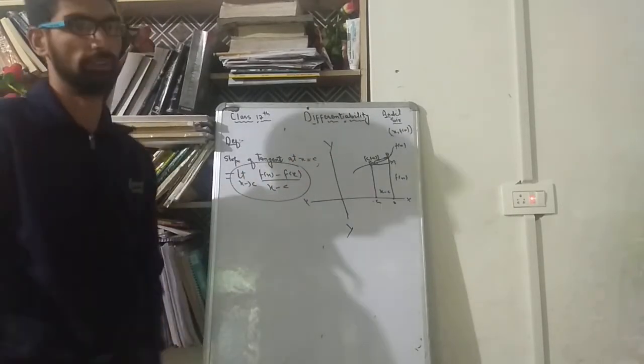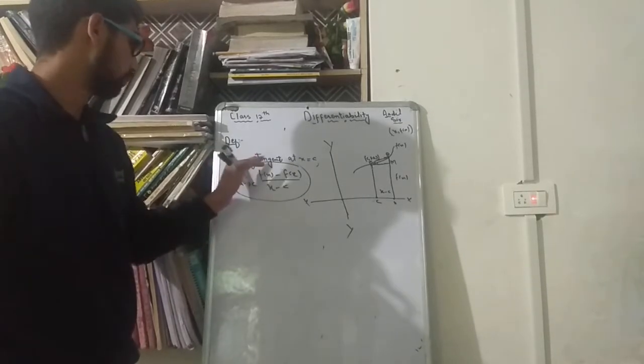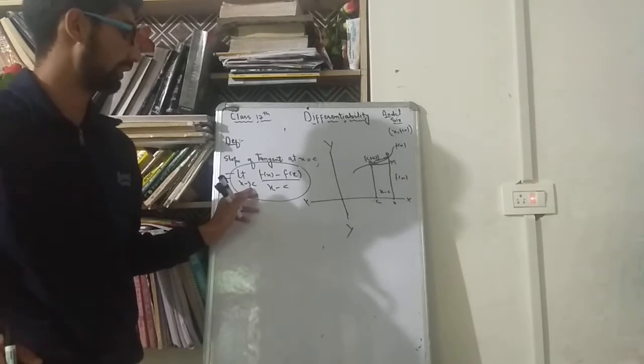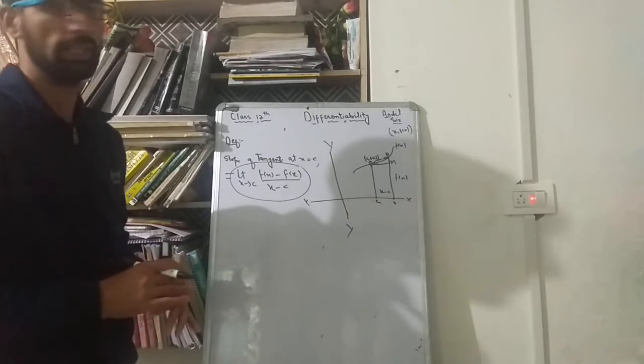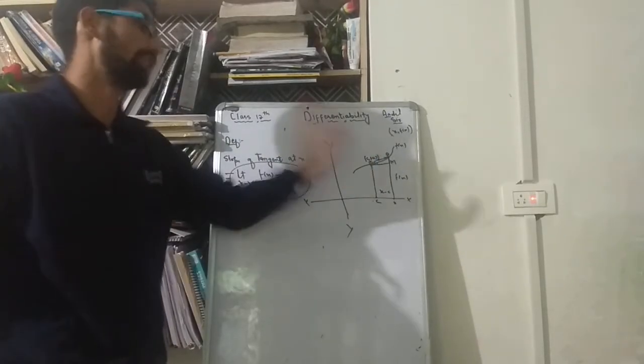If this slope of the tangent of f of x at x equal to c exists, then we say that the function is differentiable at this point c.